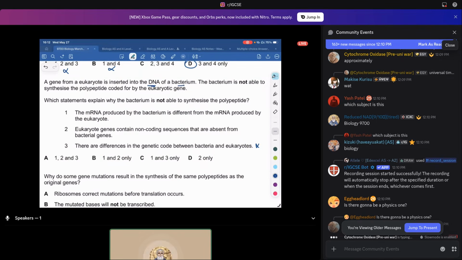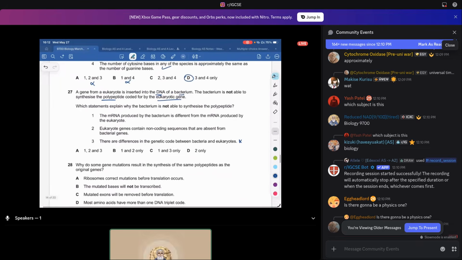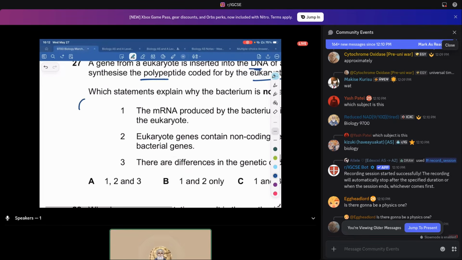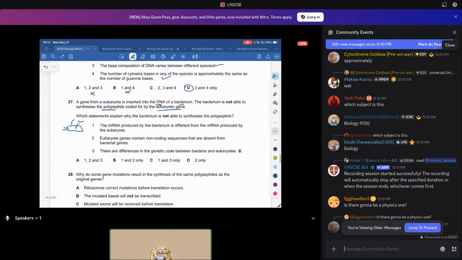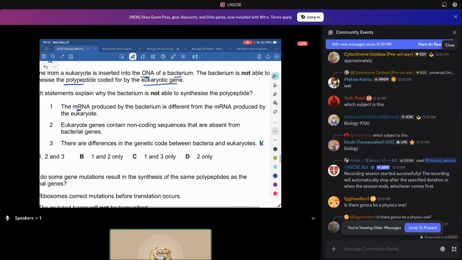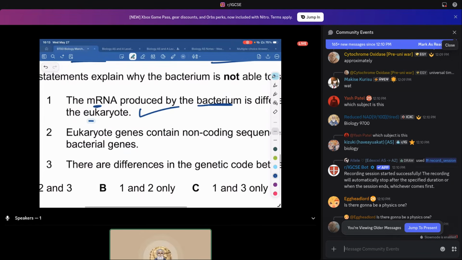27. Gene from eukaryotes inserted into the DNA of the bacteria. It is not able to synthesize the polypeptide coded for by the eukaryotic gene. So we inserted into a bacterium some eukaryotic DNA. Now, why is it the case? The mRNA produced by the bacterium is different from the one produced by the eukaryote.